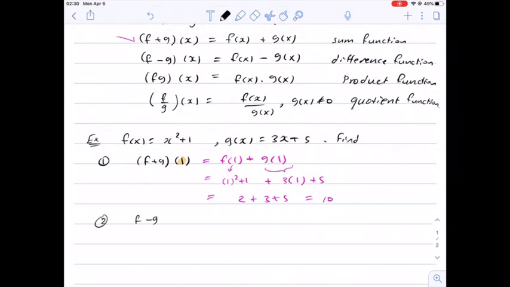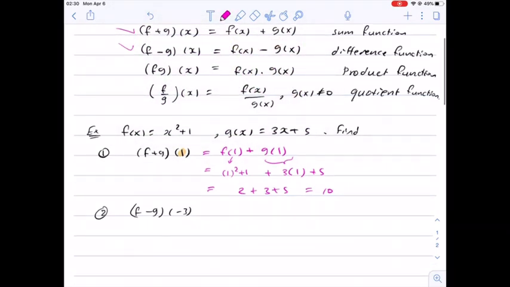Number 2, we want to find f minus g of negative 3. This is the second notation, the difference function. So this can be written as f of negative 3 minus g of negative 3. So we substitute negative 3 into f, we get negative 3 squared plus 1 minus.